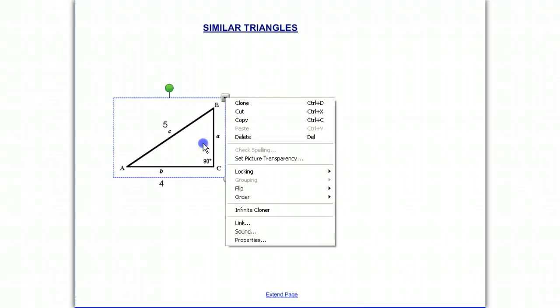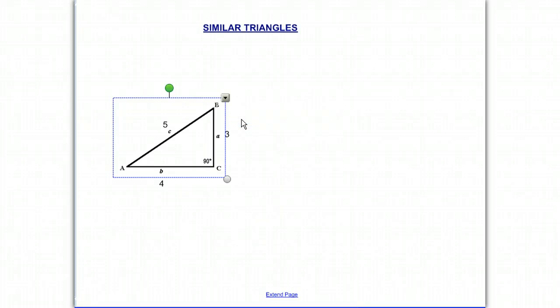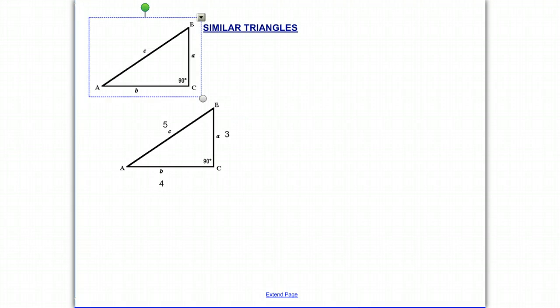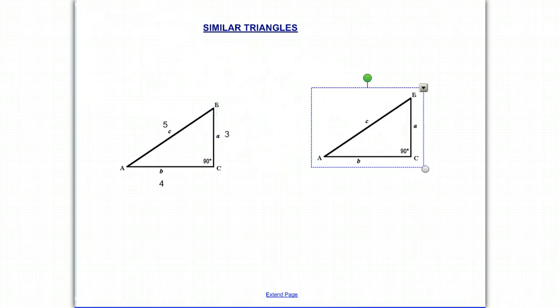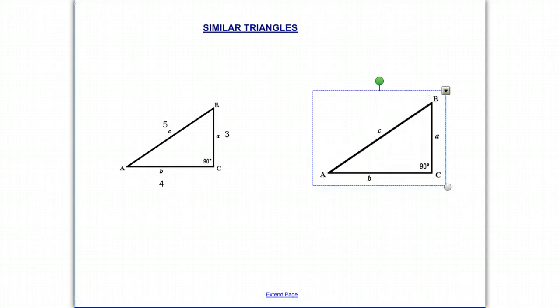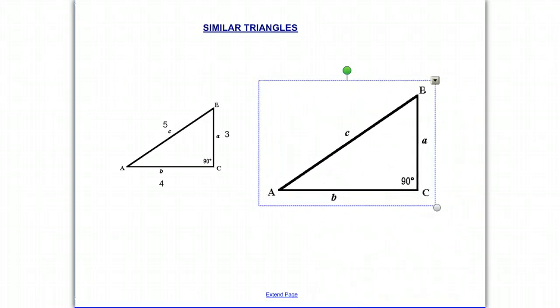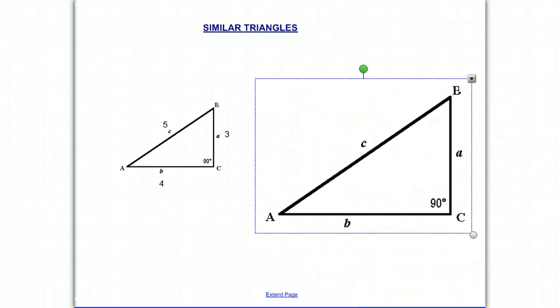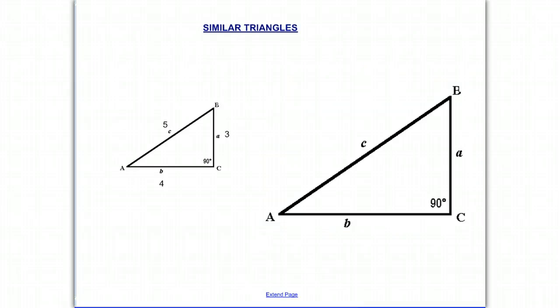Okay, so let's do an example. Let's find another triangle. What I'm going to do is copy this triangle, and then I'm going to paste it. I'm going to take it over here, and we know they're exactly the same size and same shape, but I'm going to just make it bigger and bigger and bigger, but keep the corresponding sides in proportion, so it's still going to be a pair of similar triangles.